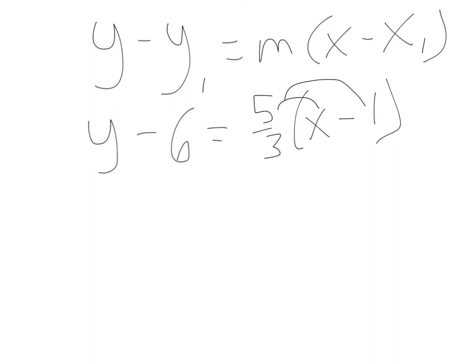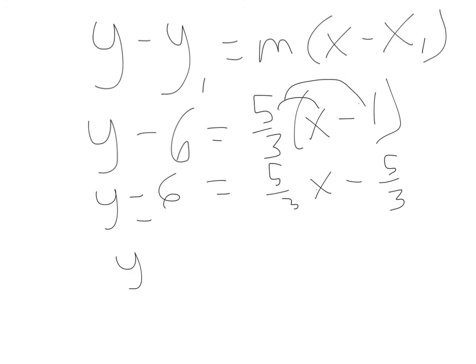So now if we distribute, it'd be y minus 6 equals 5/3 x minus 5/3. Here, 5/3 times x is 5/3 x, 5/3 times minus 1 would be minus 5/3.